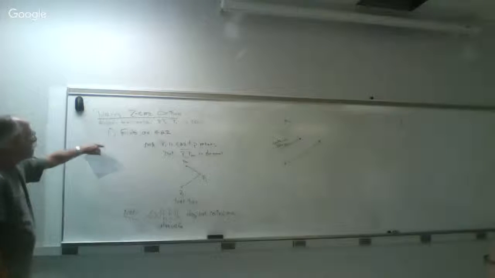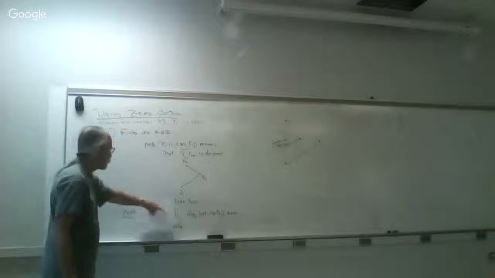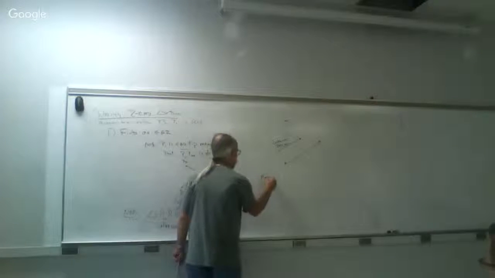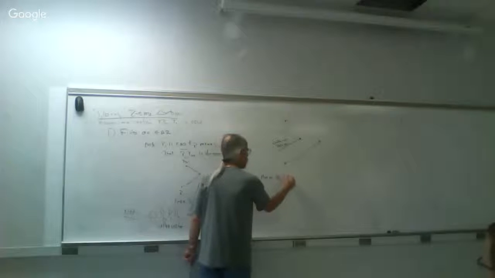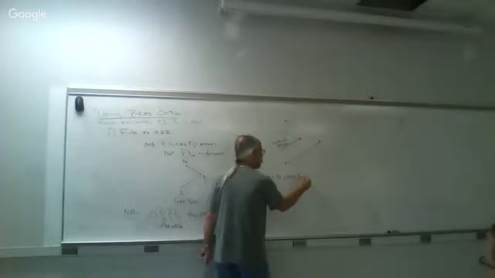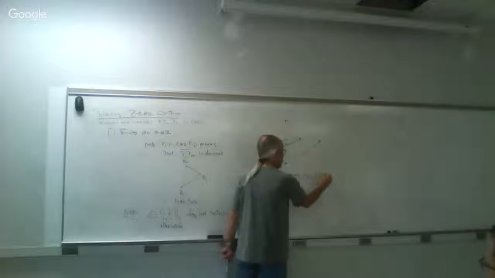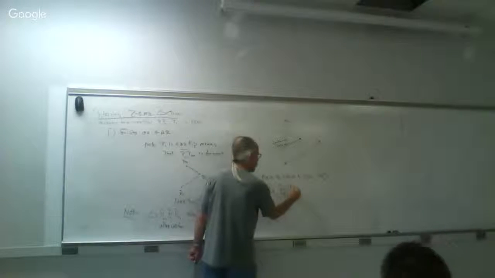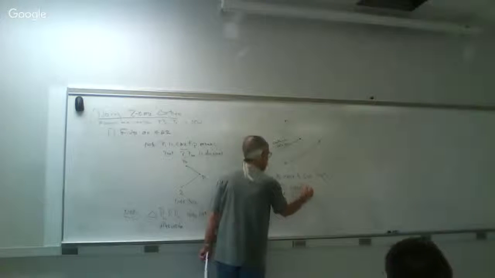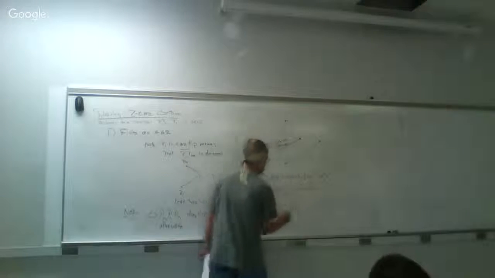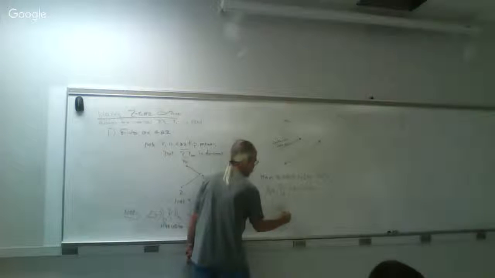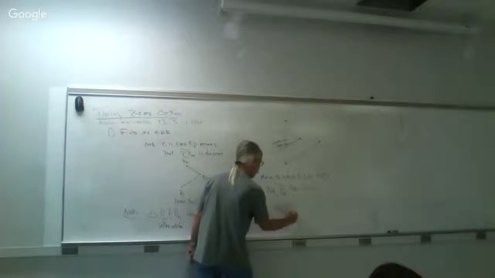So in fact, finding an ear means we look for a left turn, and then we have to check to see that no pk lies inside the triangle pi minus 1, pi, pi plus 1.